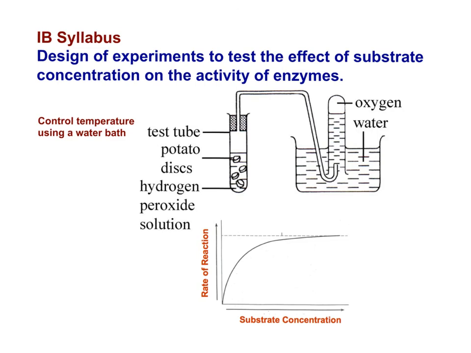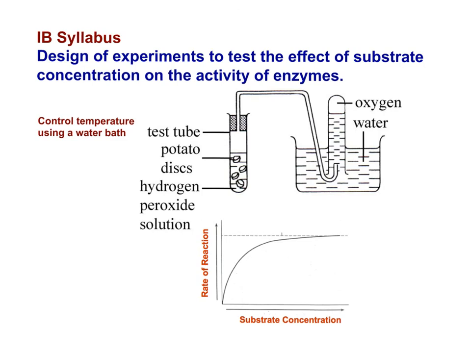In this image, you can see potato cells that have the enzyme catalase. Catalase engages with the substrate hydrogen peroxide to catalyze the decomposition of the hydrogen peroxide with the production of oxygen. Oxygen volume collected over time is a measure of reaction rate.